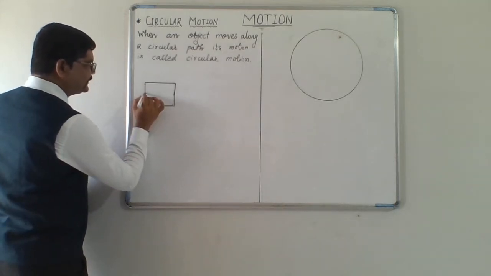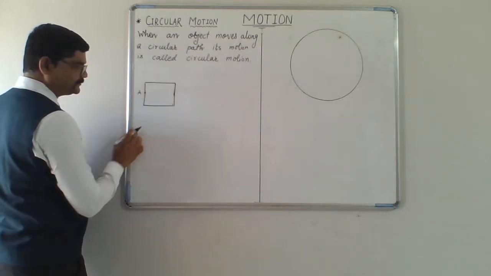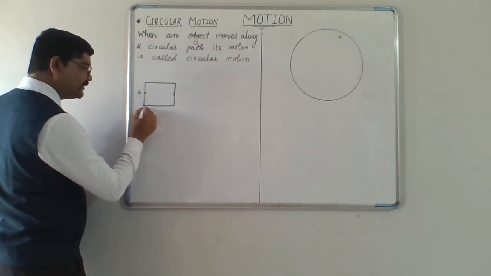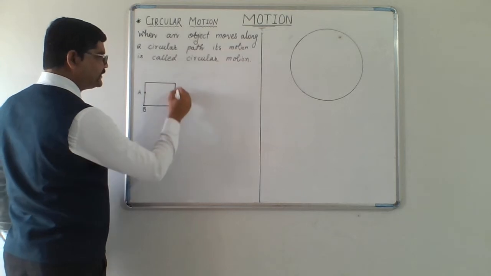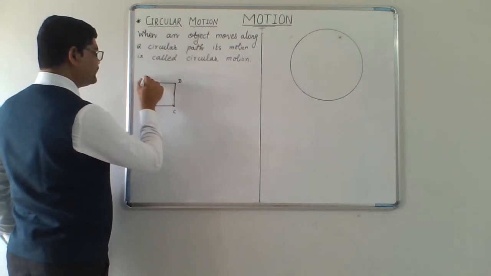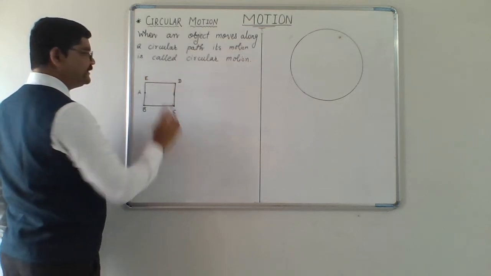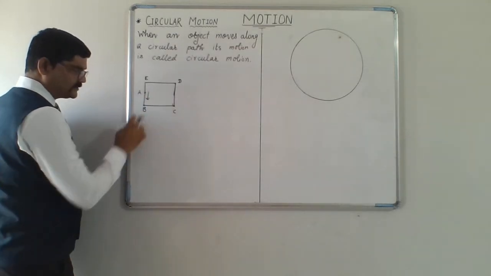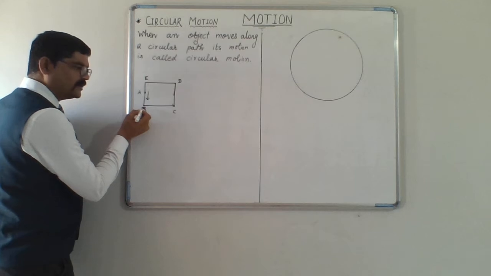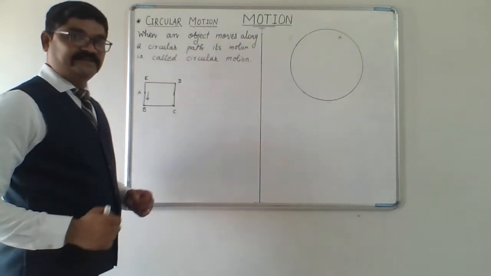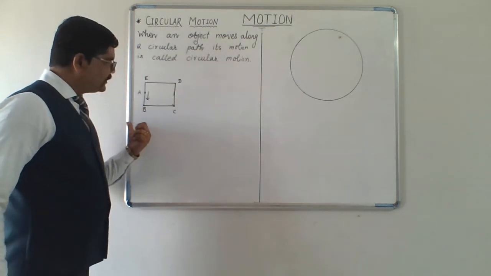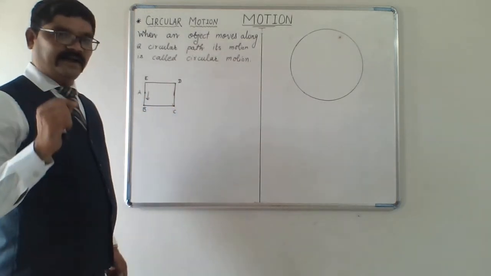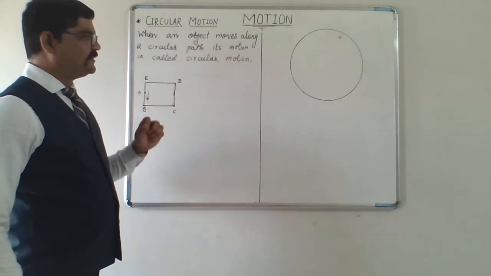If the athlete is starting from point A, he will have to change his direction at point B, at point C, at point D, and at point E. If the athlete is running like this, when he comes to point B, he will have to change his direction for running. In the same way, at C, at D, and at E, at these points, he will need to change his direction.